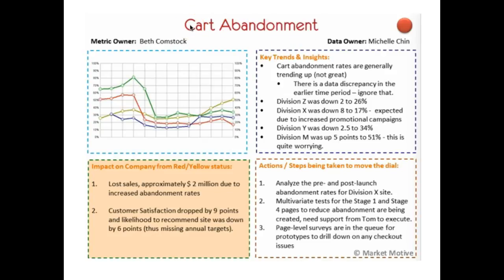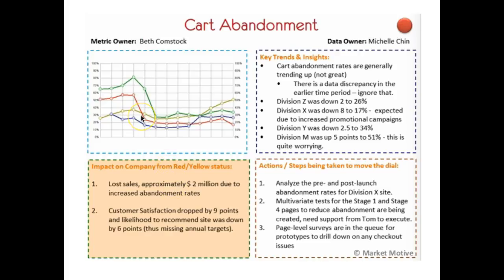So we have the KPI right here, and then on the left-hand side you see that we have who owns the metric, and then who owns the data. These are oftentimes two different people.